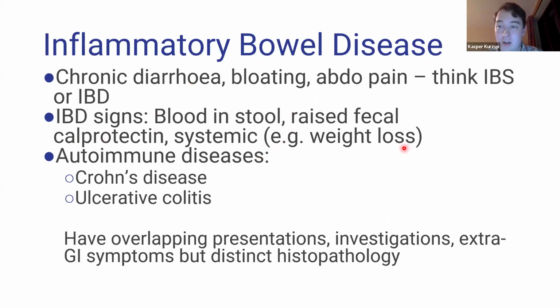So things such as weight loss, fever, feeling generally unwell. Now the two main diseases in this category are Crohn's disease and ulcerative colitis. This presentation is actually shared between the two. However, there are differences between them, as you will know, and also there is an overlap in the investigations. However, when you look at them under a microscope or on sections, they are actually quite different.